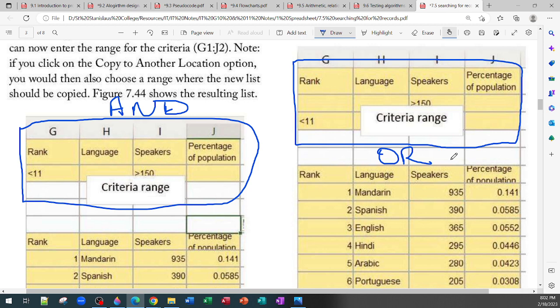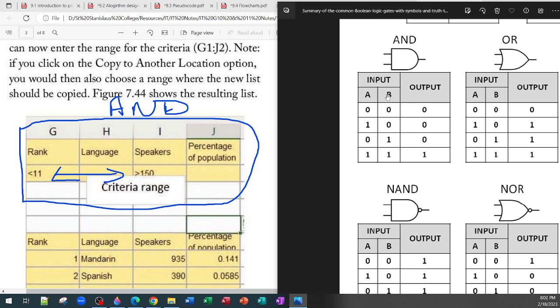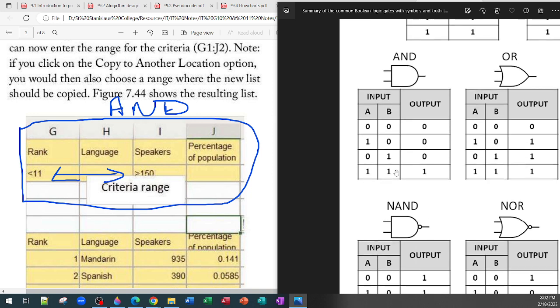So we actually used the logic operators already. It was the same concept when we were doing the advanced filter. When we were working on the AND criteria, both had to be true. Both had to be true for you to get a result. So it's the same thing that you're learning right now.